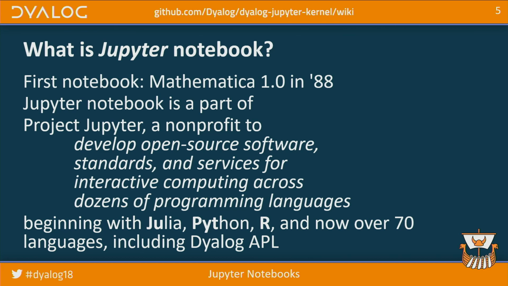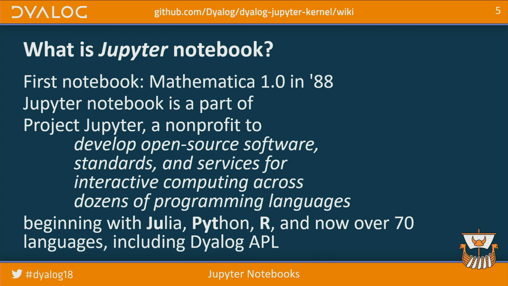But what's special about Project Jupyter and their notebook format is that they allowed having a language kernel associated with your notebook. And that means you could use any language. You just need to implement the kernel, which is not a very complicated thing to do. And then it just fits into the system.